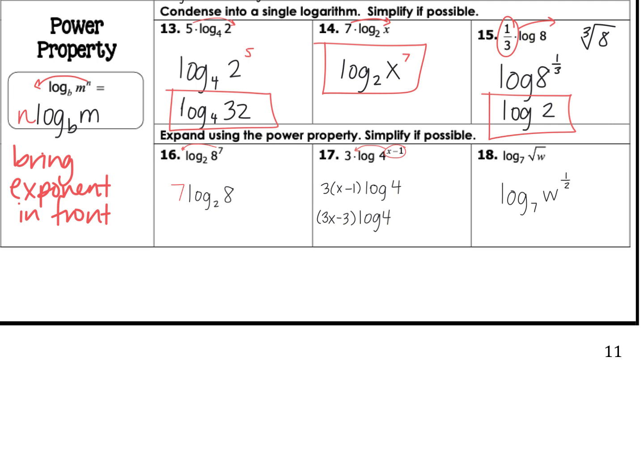So over here on the wall, remember when I have just a regular square root, that is the same thing as having an exponent of 1/2. It's always a fraction when you have a root. That bottom number is what is in the crook of the index. So then that 1/2 comes out in front, and it becomes 1/2 log base 7 of w. Then you're done.